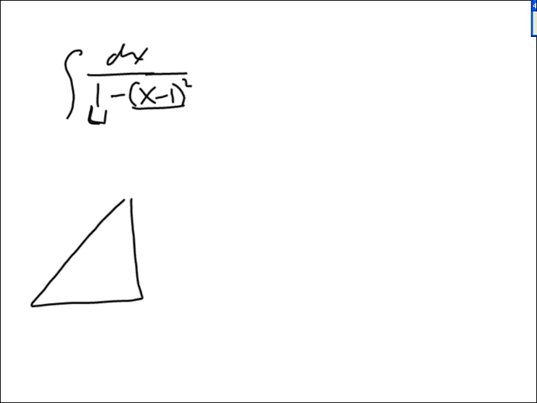The positive part that's being squared, the one that has the understood plus in front, it goes on the hypotenuse. The other part that's being squared, that goes on one of the legs. Say x minus 1. And the square root goes right here. The square root of that whole thing.